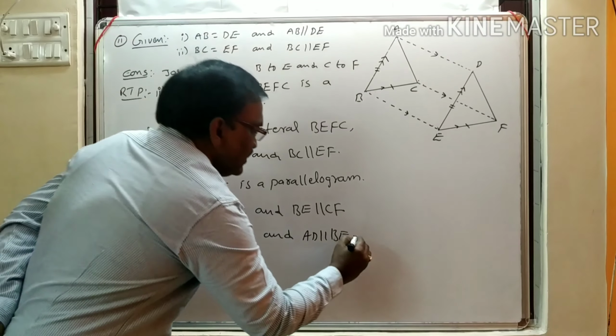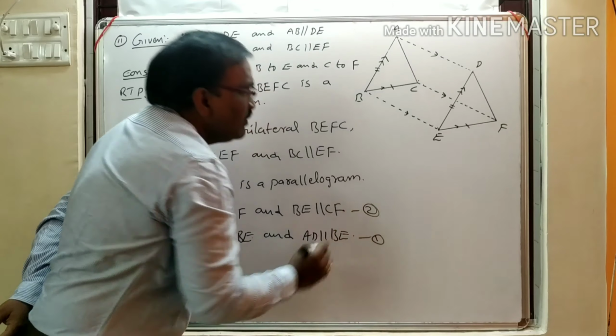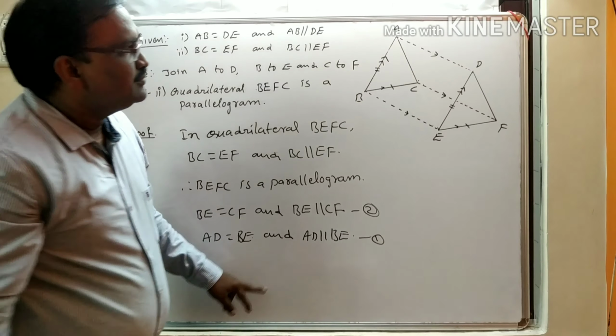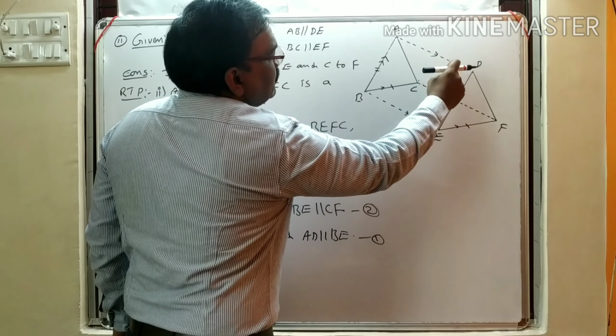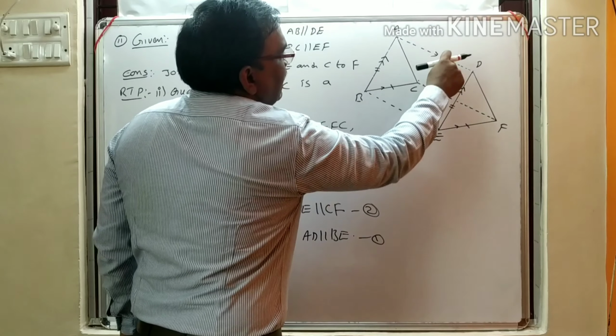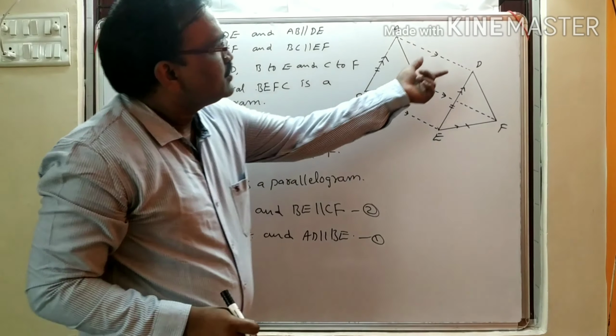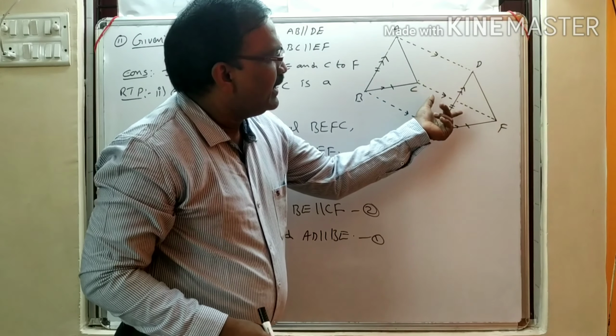This is 1, this is 2. From 1 and 2, what can you write? So these two are parallel and equal. So AD parallel to CF, and AD is equal to CF.